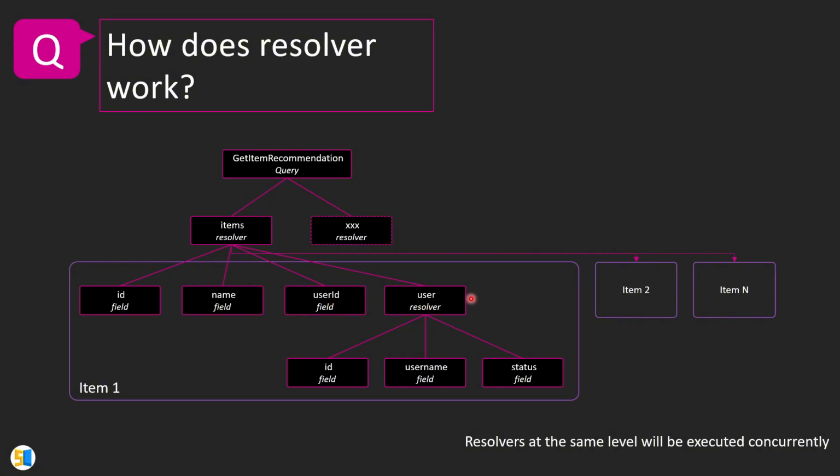Now it understands that the user field is not a field, it's a resolver. So therefore it will execute our resolver implementation of users, right? It can be fetching a database or calling external APIs. So after the user resolver returns the results, it will check what fields we need.